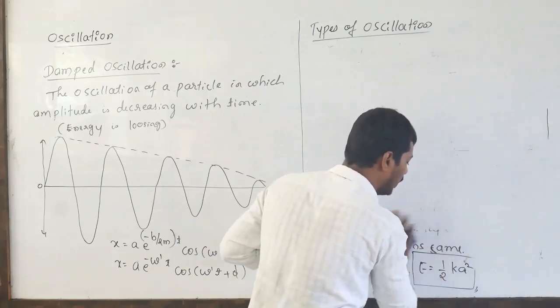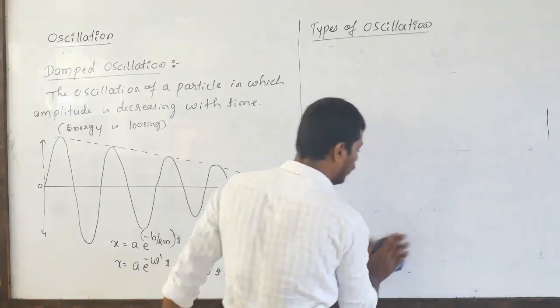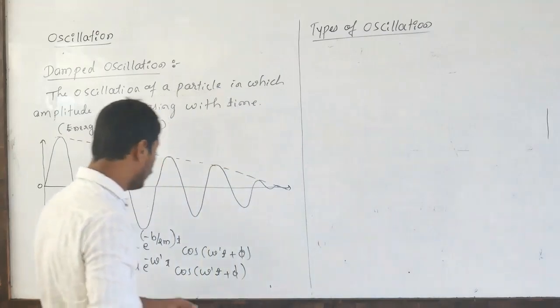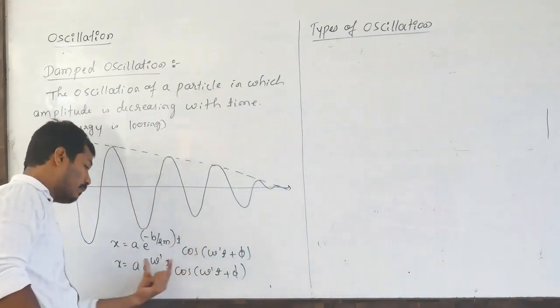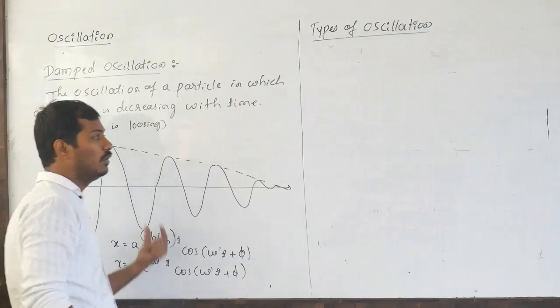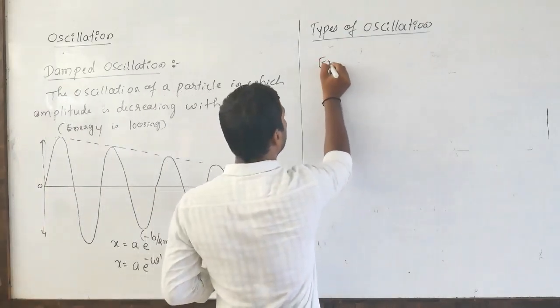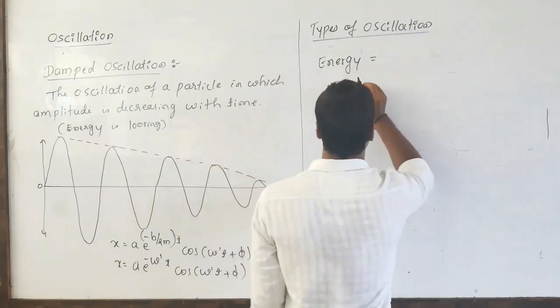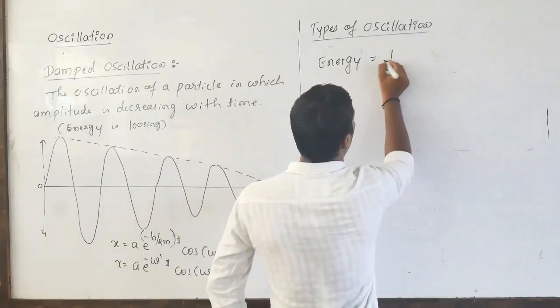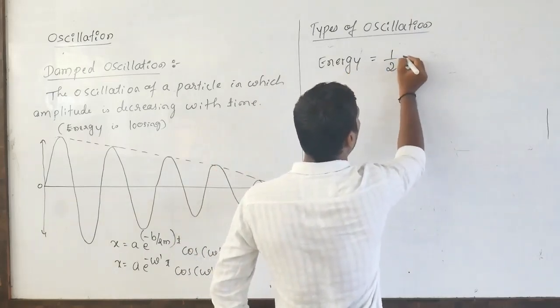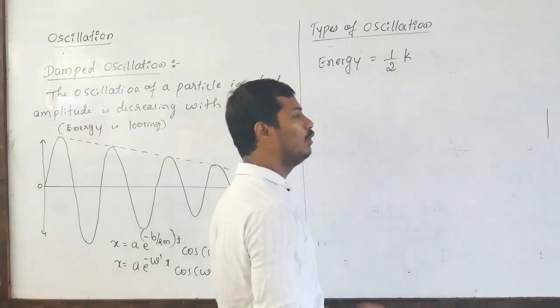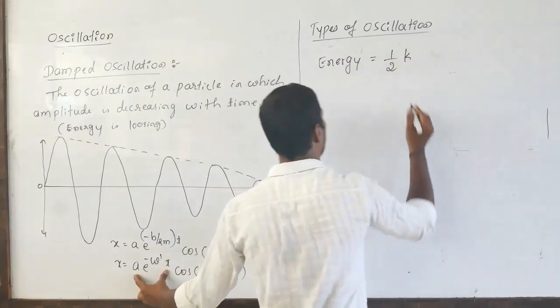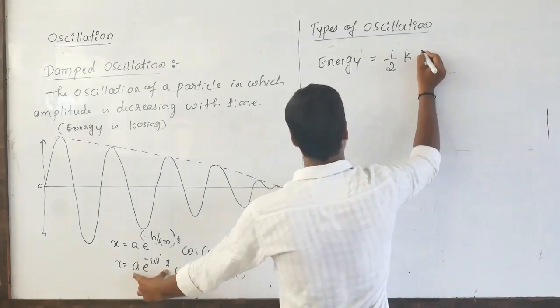Here also the coefficient of the harmonic function is completely the amplitude. So the energy is 1 divided by 2 k into its total amplitude, that is equal to what?